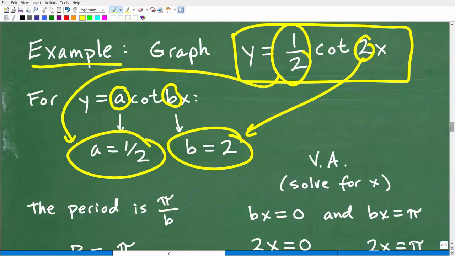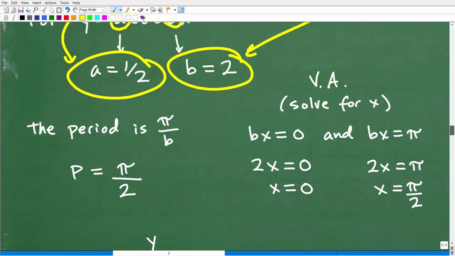Okay, so this next thing we need to do here, we need to figure out our vertical asymptotes, okay? And we also need to figure out our period as well. So the vertical asymptotes, remember, for cotangent, we need to solve the following equations. bx is equal to 0 and bx is equal to pi. What is b? b is 2, okay? So we got to figure out 2x is equal to 0, solve for x.